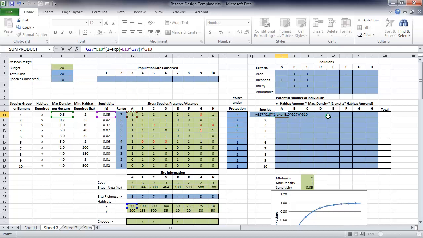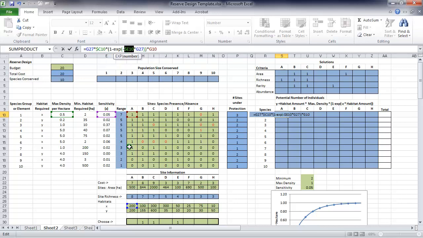As we pull this equation over, we want the reference to the maximum density per hectare and the z-score to stay in column C and column E. So those need an anchoring for the columns themselves. So we're going to put a dollar sign in front of the C for C10, and we're going to put a dollar sign in front of the E for cell E11.